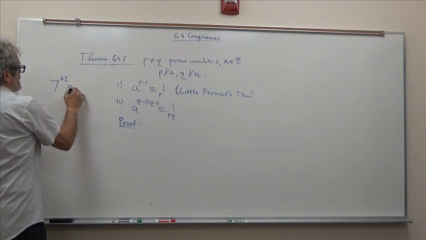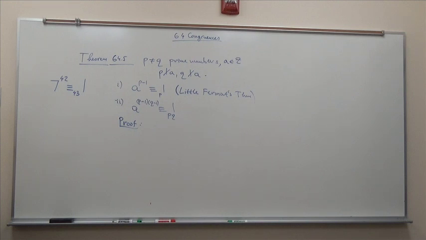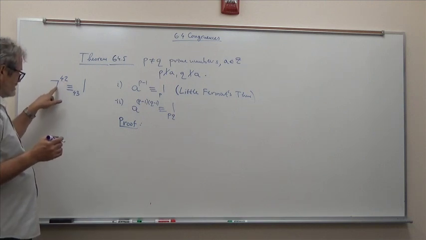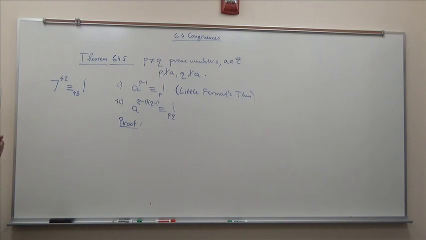And if I wanted modulo 43, I have no dilemmas. 7 to the 42 is congruent with 1 modulo 43. Why? Because 43 is a prime, here is 42, and 7 is not divisible by 43. So it all matches, so little Fermat's theorem says the remainder is 1.